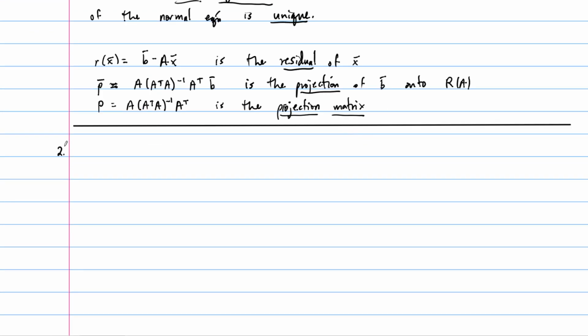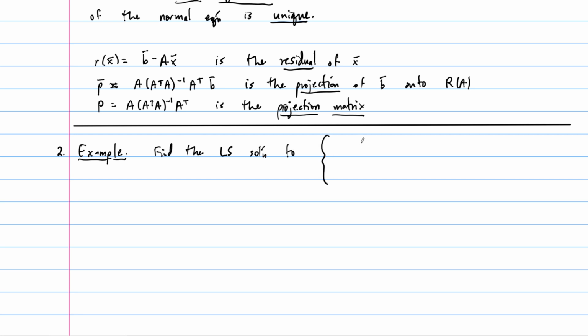We'll start with an example with just a system of equations, with 3 equations and 2 unknowns. So here's our first example. We want to find the least squares solution to this system.